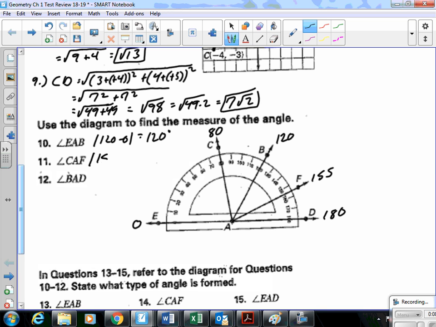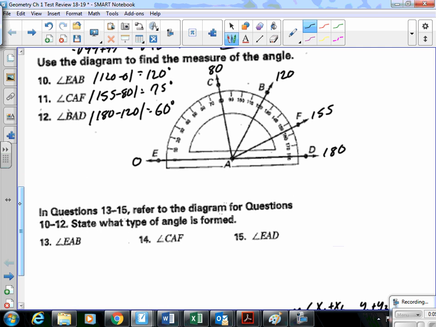So that's 155 minus 80, which gives us 75 degrees. Then angle BAD goes from 120 to 180 from B to D, and so that's 180 minus 120, which is 60 degrees.